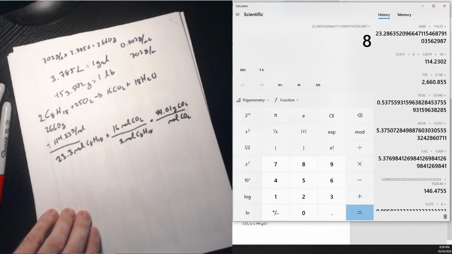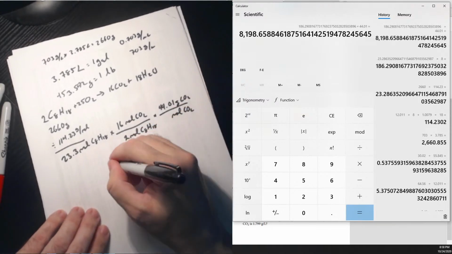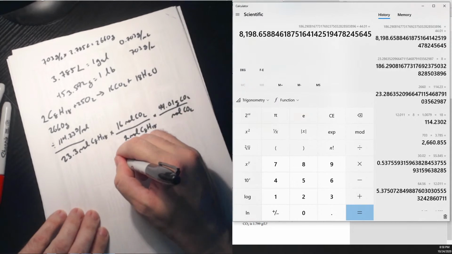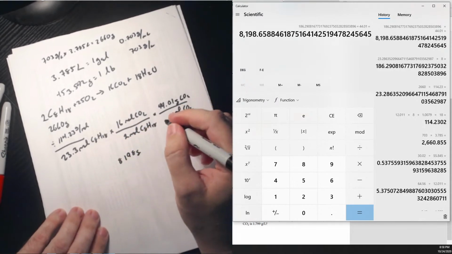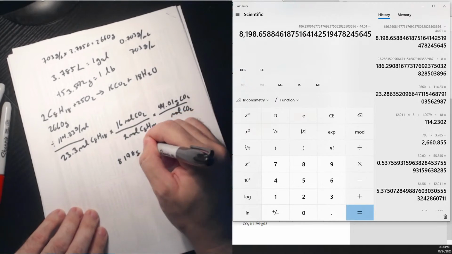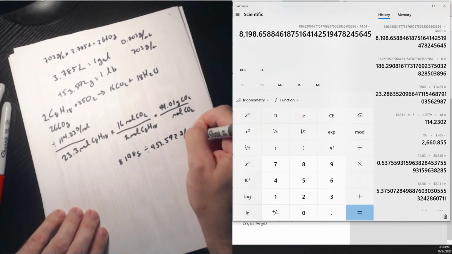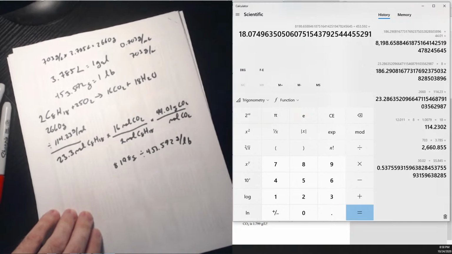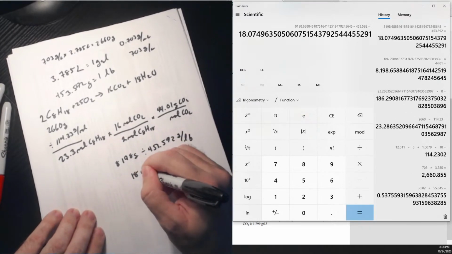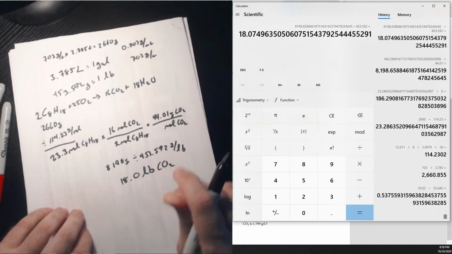So times 8 times 44.01. And then, so that gets us 8198 grams. And now divided by 453.592 grams per pound is 18.0 pounds of CO2.